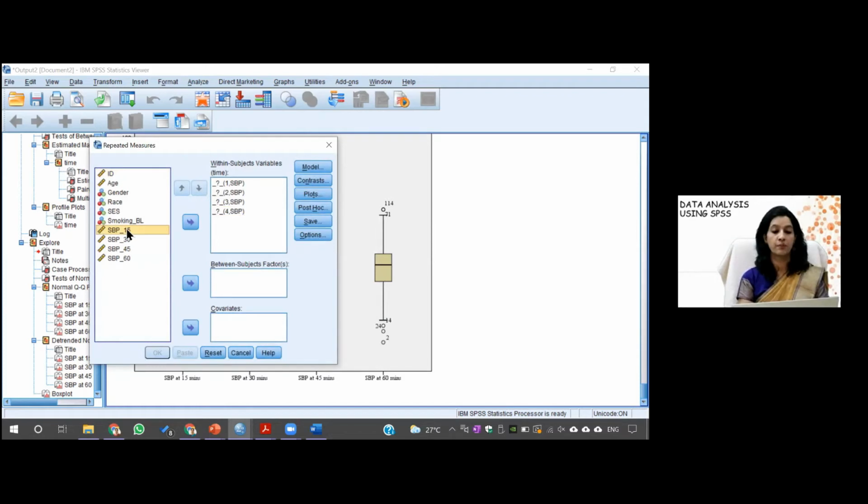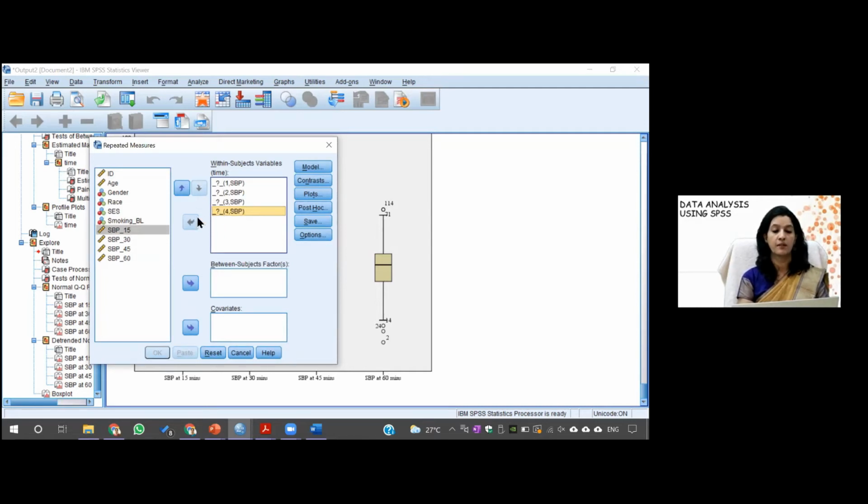It should be in sequence. Yesterday also we discussed that because it's a repeated measure, you have to go in sequence about the measurement values. I cannot shift here to the fourth place; it should be at the first place only.